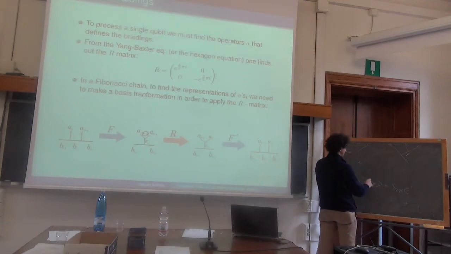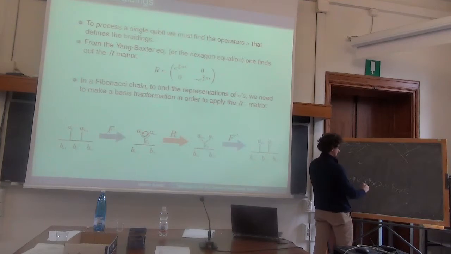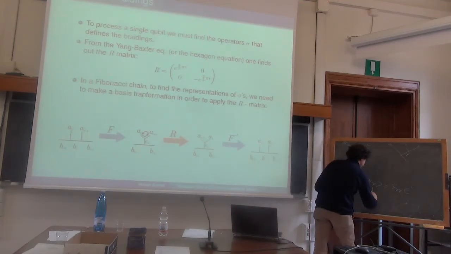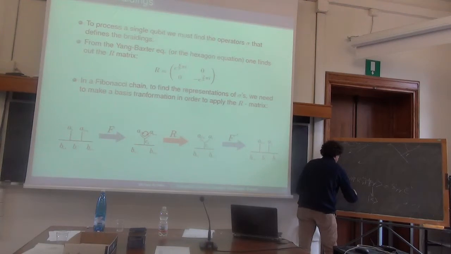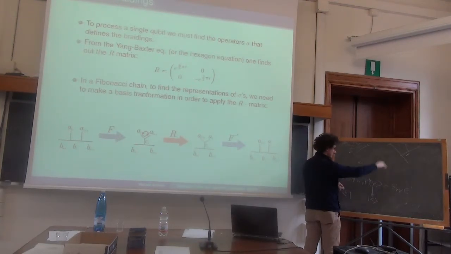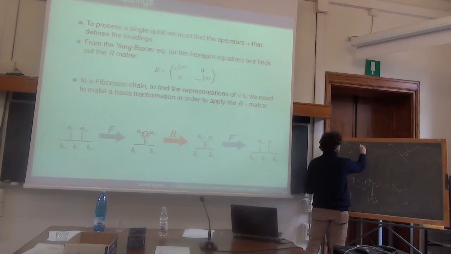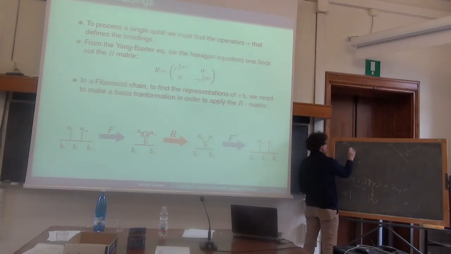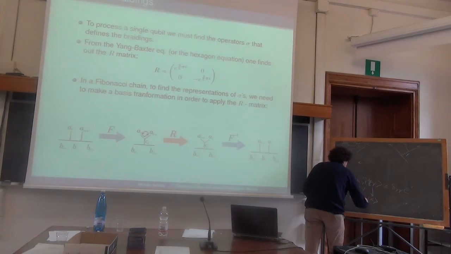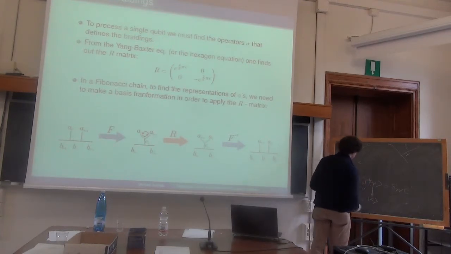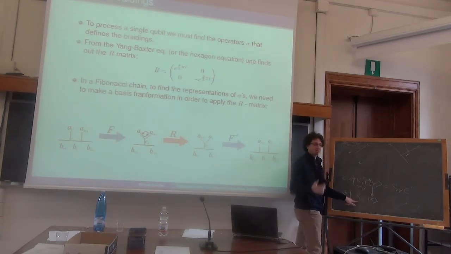I apply a basis transformation, which is F^-1, F, and this F has essentially the power to move into a different phase where we have X prime and X, and then by the superposition of this Y. And this final matrix is the braiding operator in this basis, which describes the exchange of B and C. So I can call it R_BC, and it is essentially the generator of the braiding.